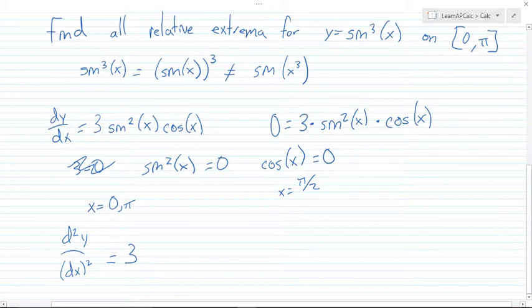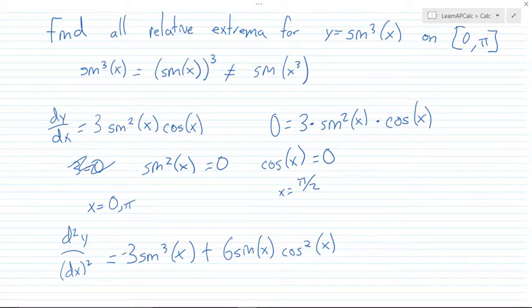So I'll take the derivative of cosine to start, which is negative sine. So this is negative 3 sine cubed x plus 6 sine x cosine squared x. And if you're confused as to how I got that, I'm doing the product rule for this right here. If you'd like me to walk you through that, I'd be more than happy to. Just leave a comment.